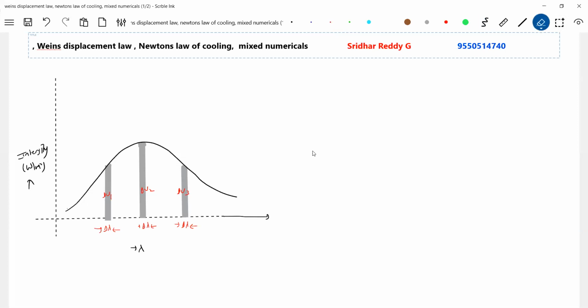Now, what do you expect, in which region, 1, 2, 3, the energy will be more? It's not a symmetric curve.